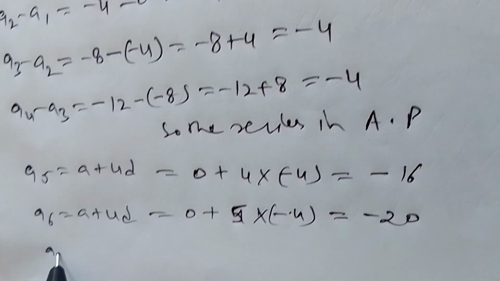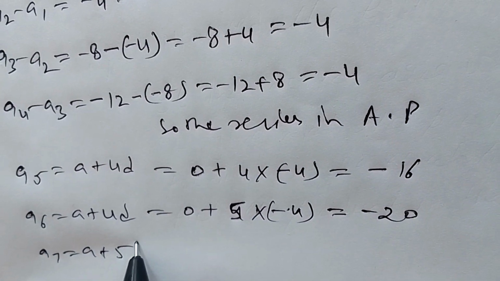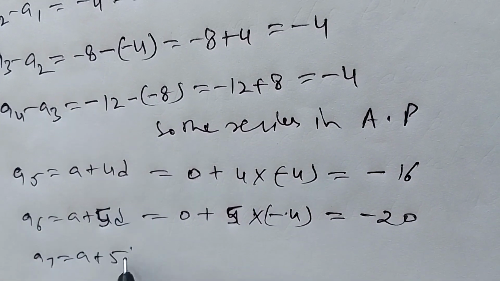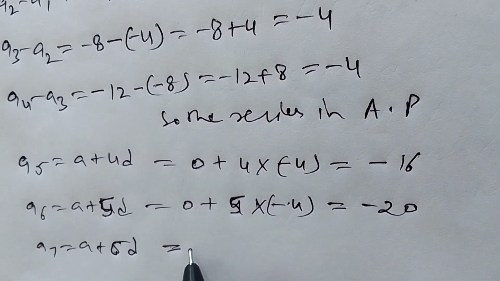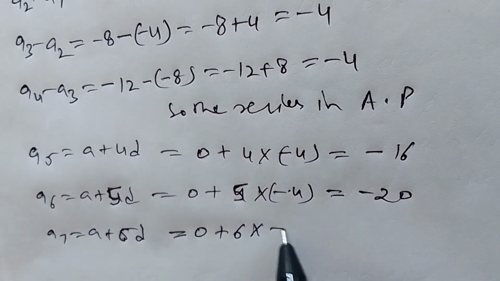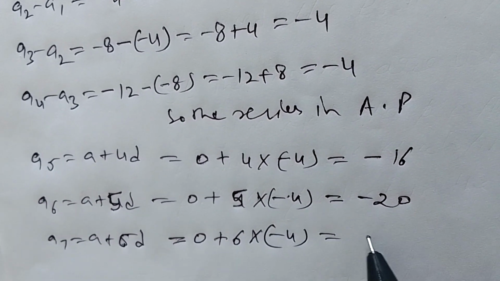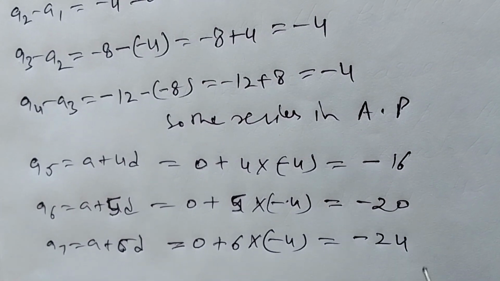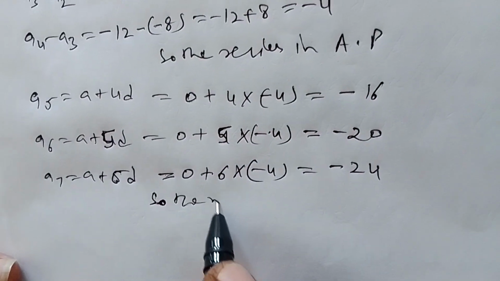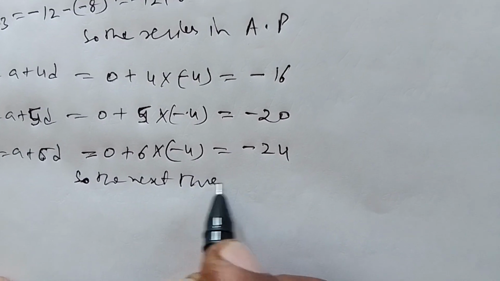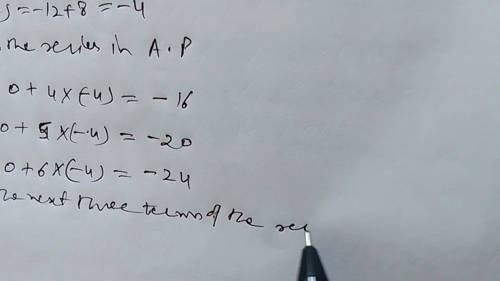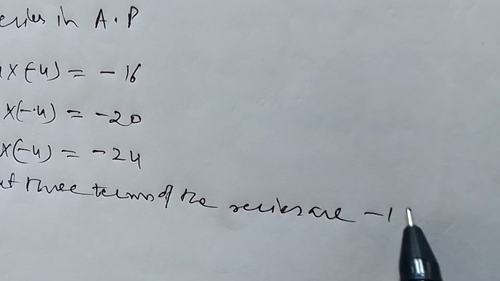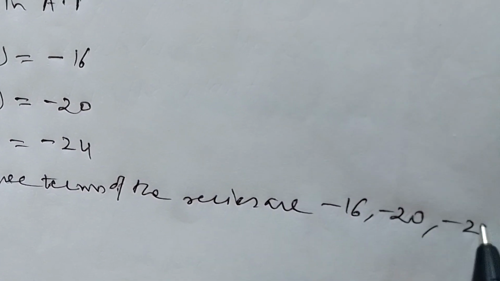Then A7, A plus 6D, that is 0 plus 6 multiplied by minus 4, that comes out to be minus 24. So the next three terms of the series are minus 16, minus 20, minus 24. This is the answer of the 7th part of the question.